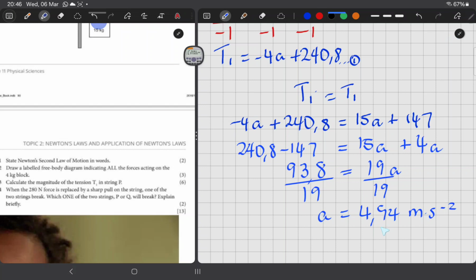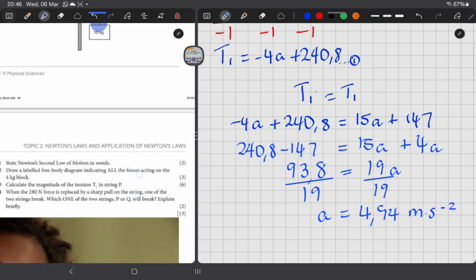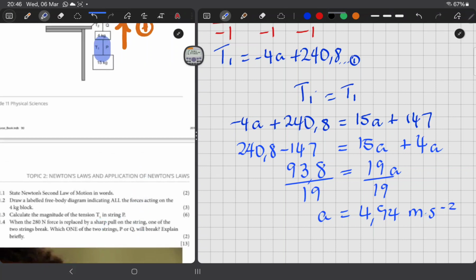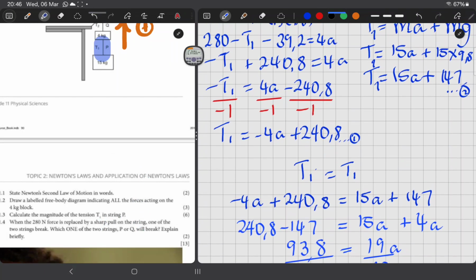Now this is not the end because the question asked us to calculate tension T1. So I can use any of these equations to get tension 1, which is in string P. I will use equation number 2 since it is positive.